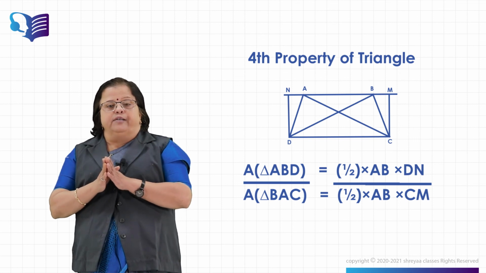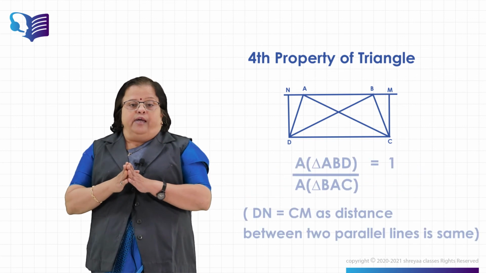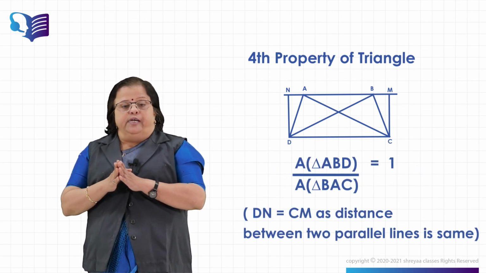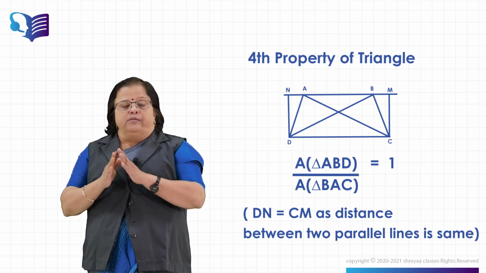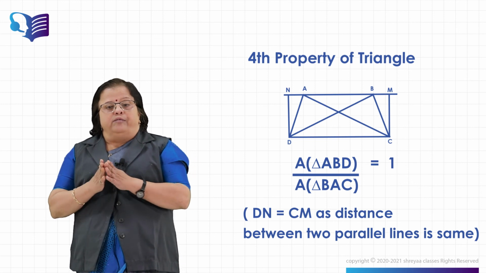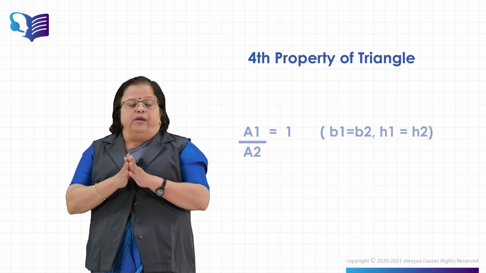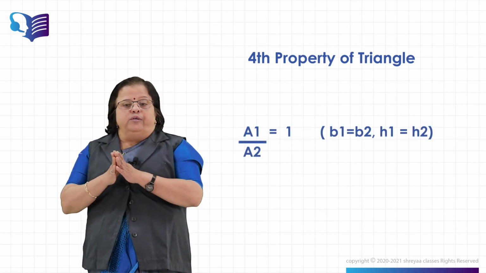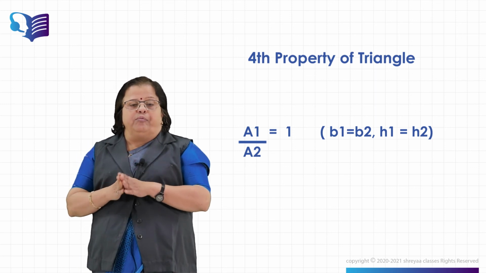Now here half gets cancelled, AB and AB get cancelled. CM and DN are equal, heights are equal because the triangles are lying between the same parallel lines. Therefore, both base and height are equal. Therefore, A1 upon A2 is equal to 1. That is the generalization of this fourth property.